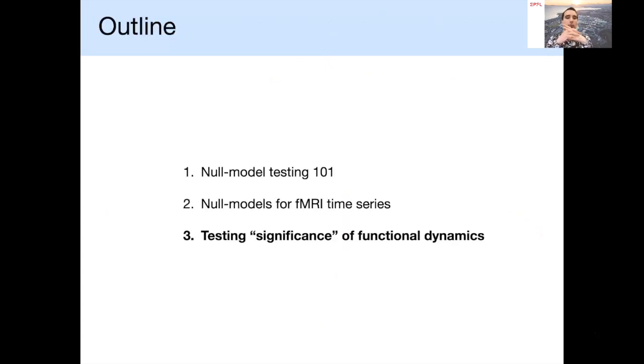Okay, let's now come to how we should interpret significance of functional dynamics and how we should interpret outcomes of null models. The question is essentially, do my results need to be different in original versus surrogate data in order for them to be relevant or interesting or meaningful?